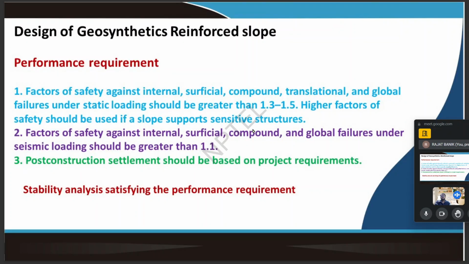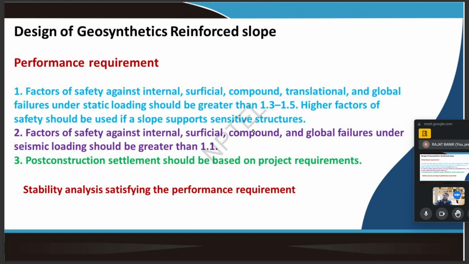Then now we discuss the design procedure or design steps of the geosynthetic reinforced slope. So first we discuss the performance requirement. What are the different requirements while performing this reinforced slope.